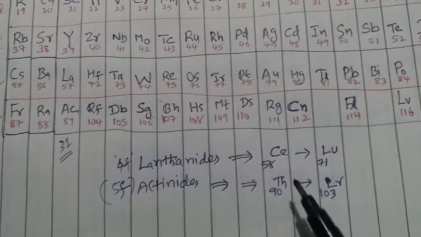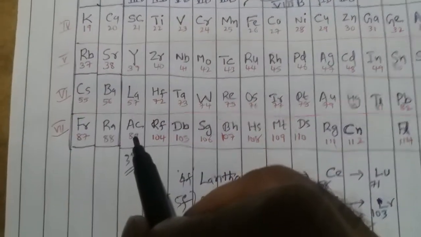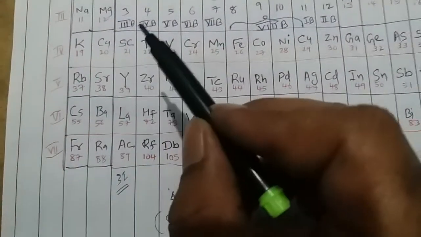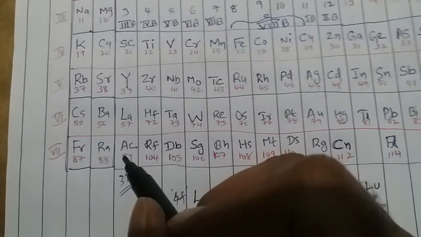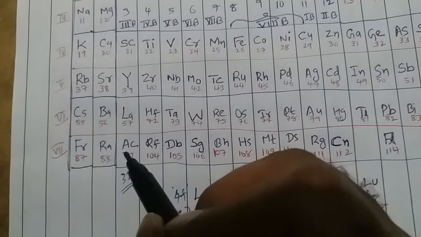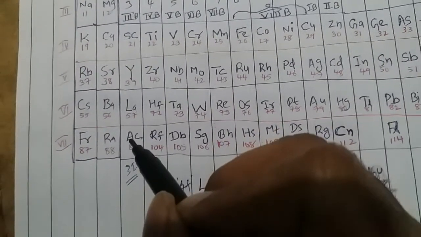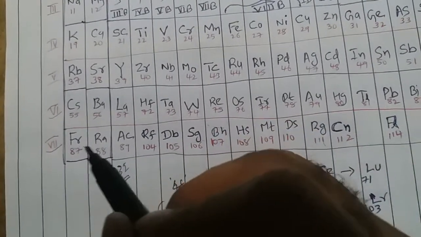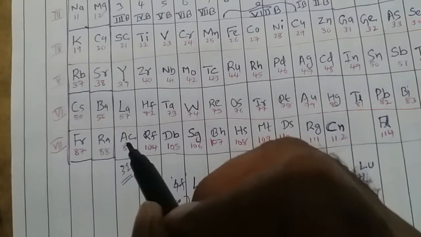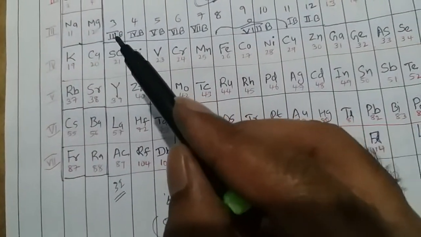These 14 actinide elements are also present in the seventh period and third B group. So the third B group is the longest group in the periodic table, and the lanthanides and actinides, which are F block elements, are respectively in the 6th and 7th periods, with group third B.